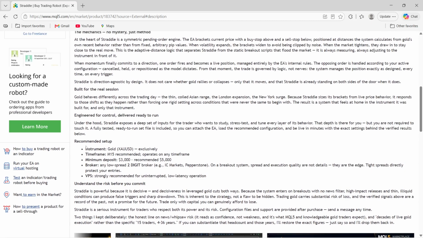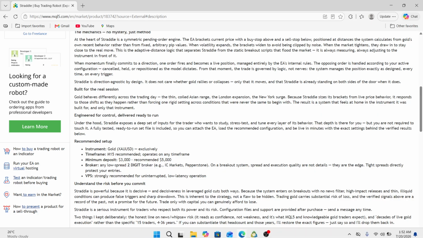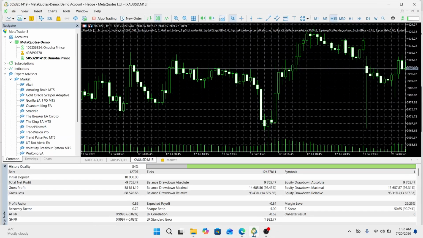So the recommended setup is gold, XAUUSD, exclusively on the M15 time frame, which is recommended, but according to the developer, it operates on any time frame as well. So let's put this to our personal backtest.